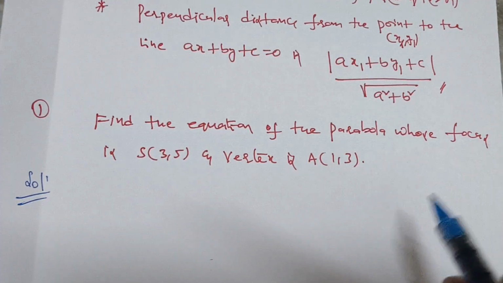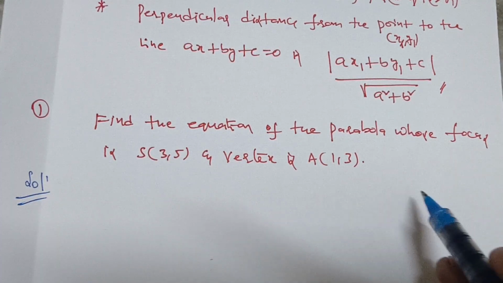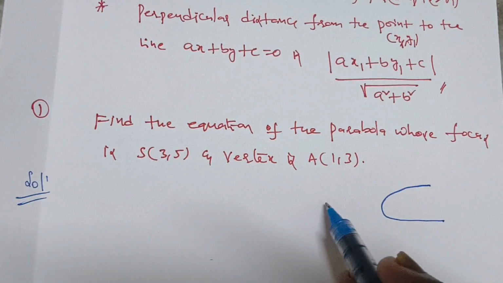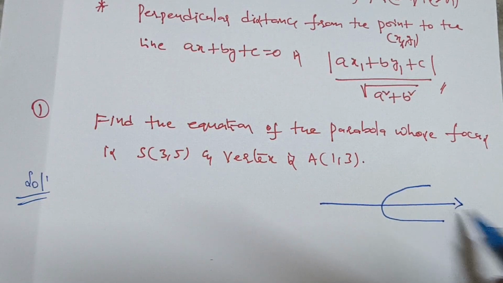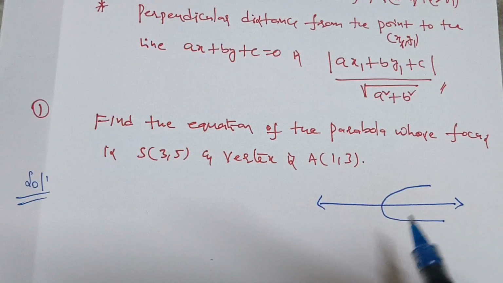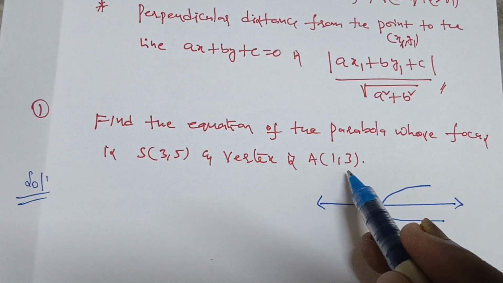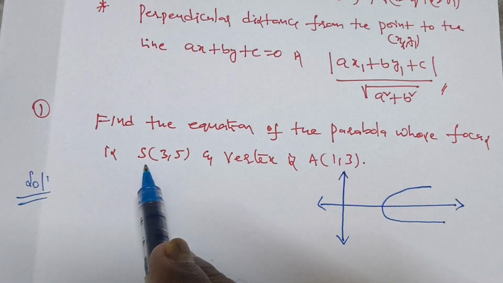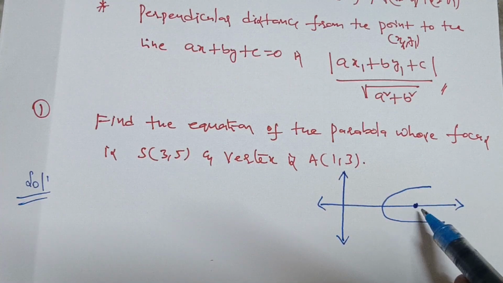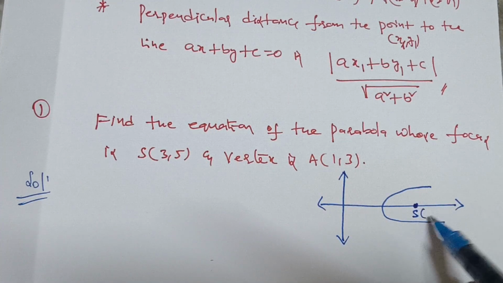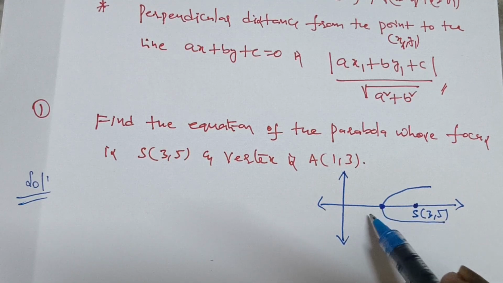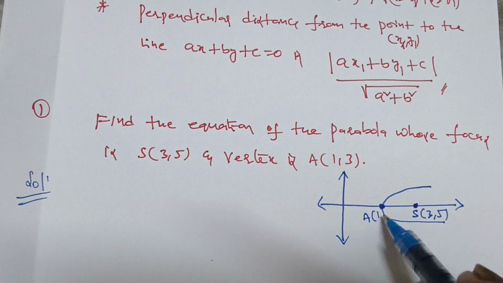Let us draw a rough diagram for that. This is the parabola, this is the axis of the parabola, and this line is the directrix. Given focus, the focus name is S, this is (3, 5), and the vertex is also given, denoted by A(1, 3).